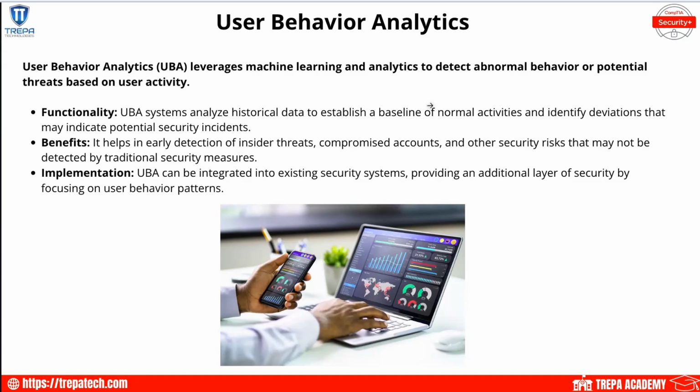So UBA systems analyze historical data to establish a baseline of normal activities and identify deviations that may indicate potential security incidents. So benefits, it's going to do what you can't do, because you can't sit and monitor every single flow of network traffic, every single consumption of compute resources.